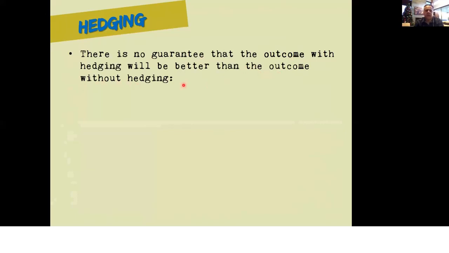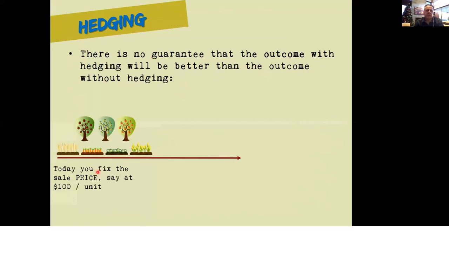So let's take an example of this. Let's say you have agricultural products, carrots, pineapples, wheat, whatever. You have your fruits and vegetables today, and they will be ready to harvest in a year or 6 months or whatever in the future. However, of course, you have no idea what the international price of those commodities will be in the future.